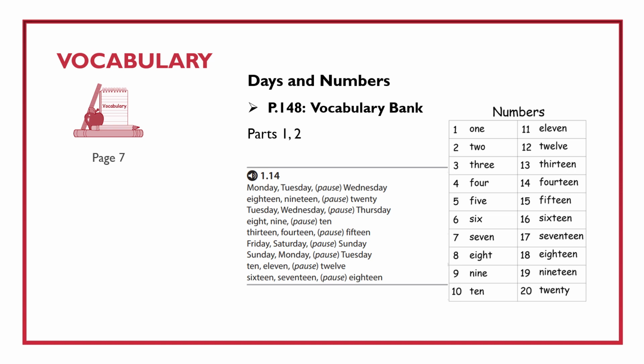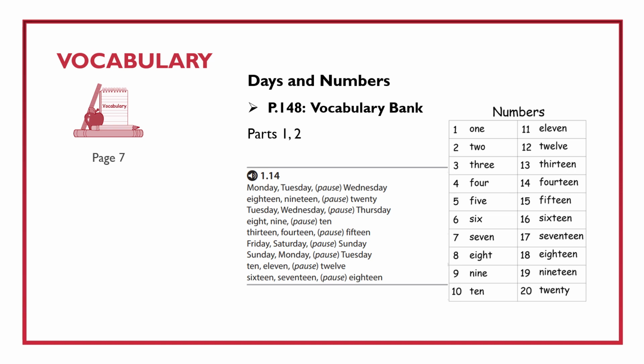Okay, now let's move on to part 2, numbers 0 to 20. For part A, please match the words and numbers. Now you can see them on my slide too. We have 1, 2, 3, 4, 5, 6, 7, 8, 9, and 10.